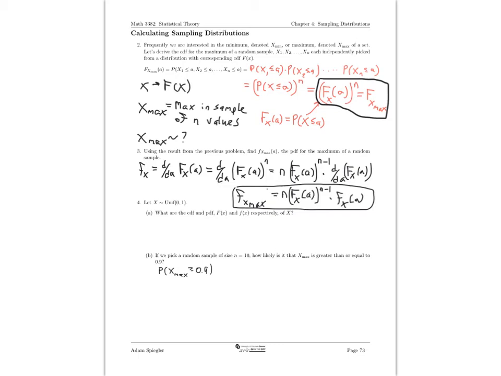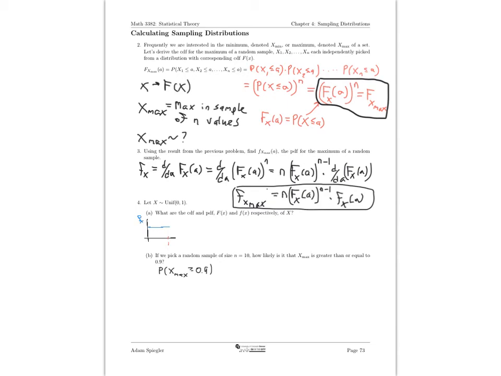So for a uniform distribution, just to back up for a second, that would mean that for x values between 0 and 1, they all have the same likelihood of occurring. So f of x should be constant for all of these values.